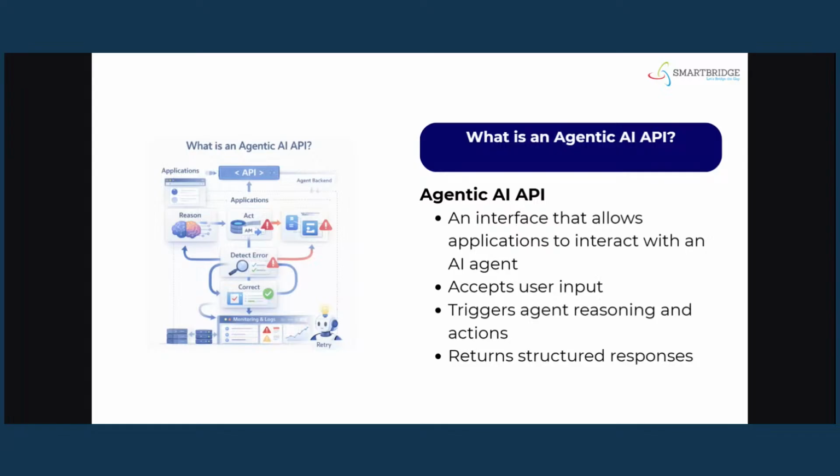Rather than directly giving answers and directly responding to the actions that the user needs, it first thinks, analyzes, and decides what tools are needed and what output we need to give. So this is the second step, which is called the brain of the agent.